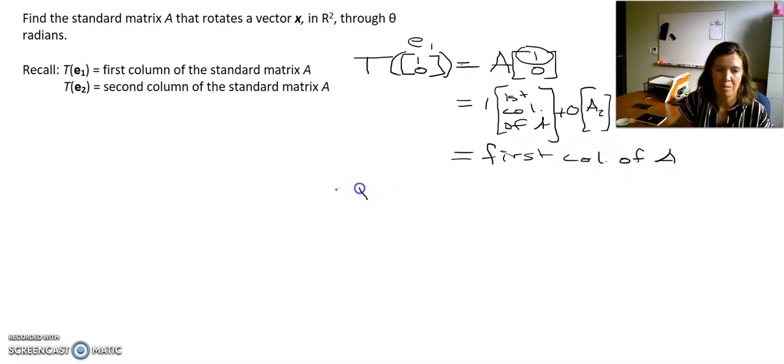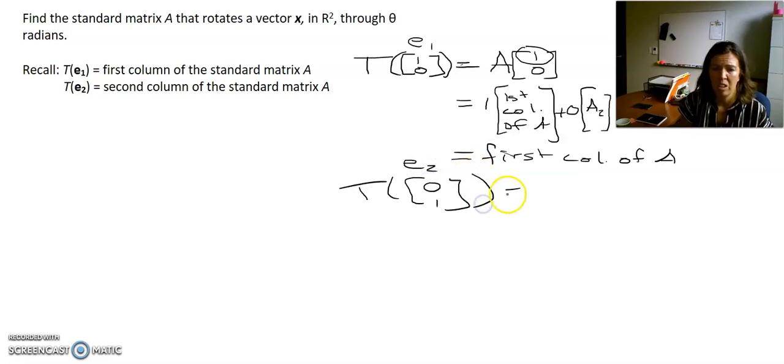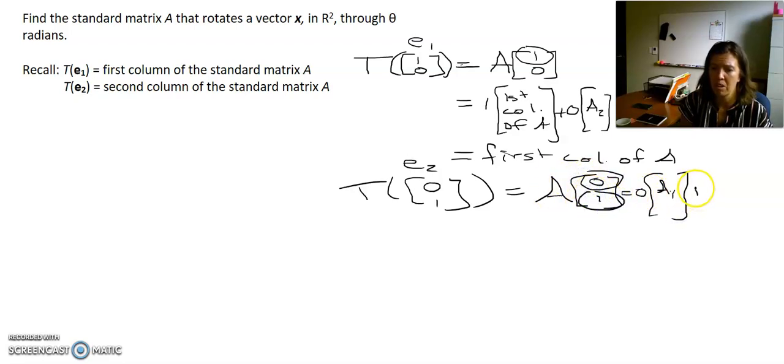Okay, and then we could do the same thing. You probably get the picture, but if we do T of E2, that's equal to this standard matrix times 0, 1. The way that's computed is 0 times the first column, which I'll call A1, because this entry times the first column, and then this entry times the second column, so 1 times the second column.